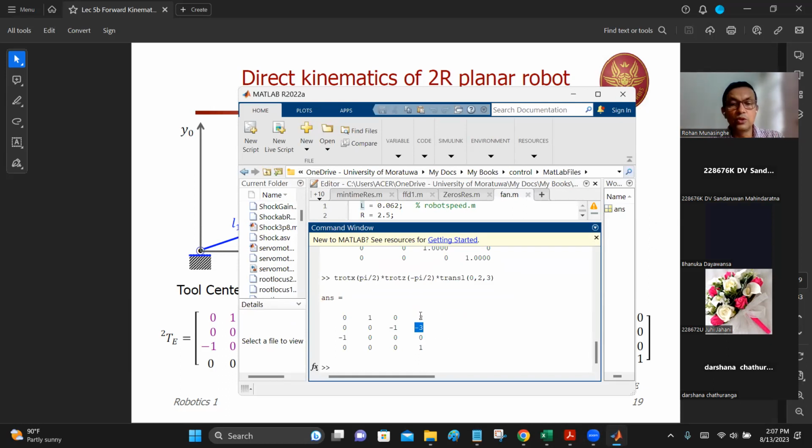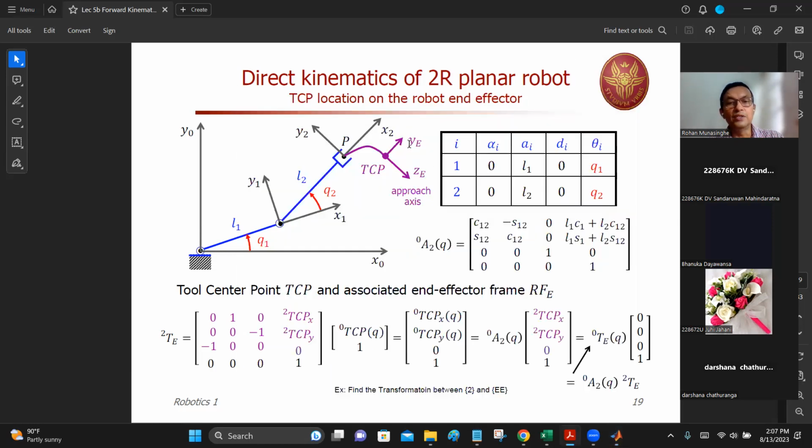And also you got a displacement along x direction, but you never moved along x direction, right? You moved along y direction, but YE and x2 are aligned. So therefore, your motion along YE is seen by joint frame 2 as a displacement along x2.